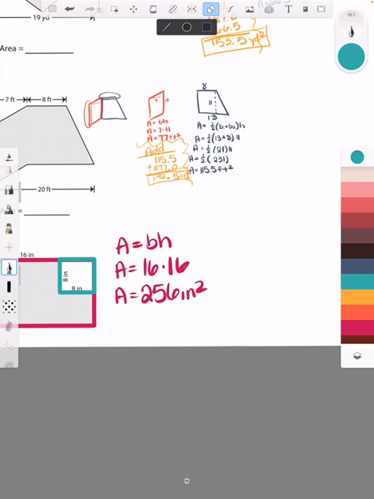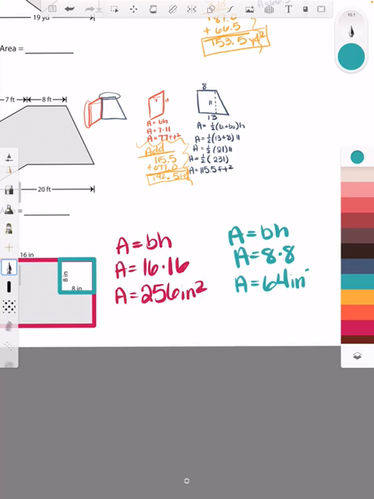Area is equal to base times height, and my base is 8 and my height is 8. 8 times 8 is going to get us 64. So the area of that region that we don't want is going to be 64 inches squared.